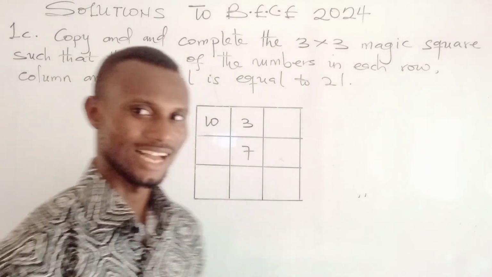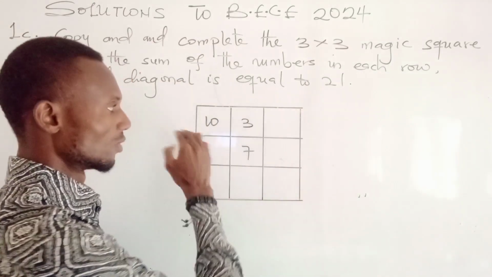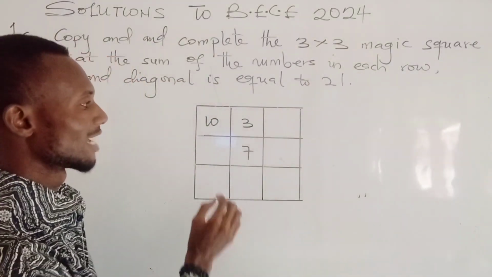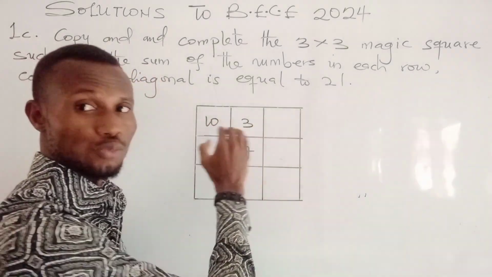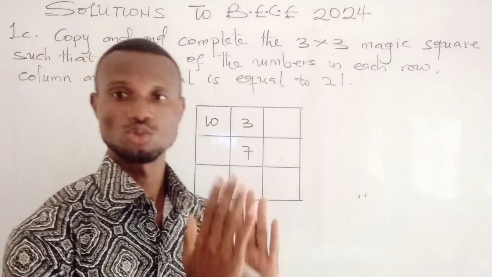What that means is, let's start with the rows. These are the rows, 1, 2, 3. When we add the values which are supposed to be in a row, each of them is supposed to give us 21.